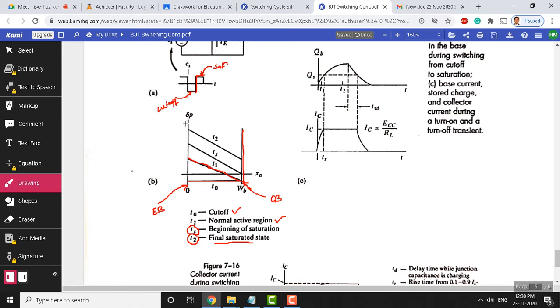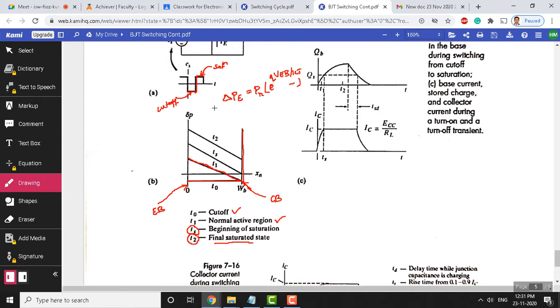Now you can see that we want to show here the value of delta P. The delta P equation we are already aware of; we keep repeating this equation. I suggest students remember these equations, as they are very important to understand these graphs. So, delta P is equal to P n times (e to the power of Q V B by K T, minus 1).